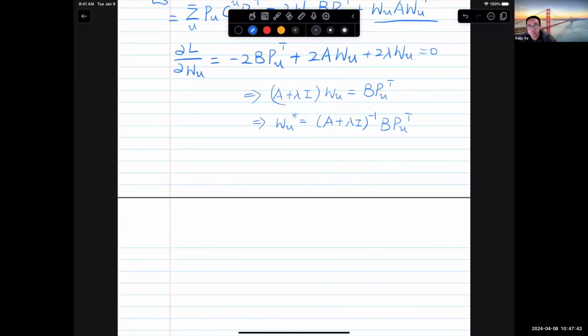You can do very similar things to take the partial derivative with respect to HI. It's very similar, the whole idea.